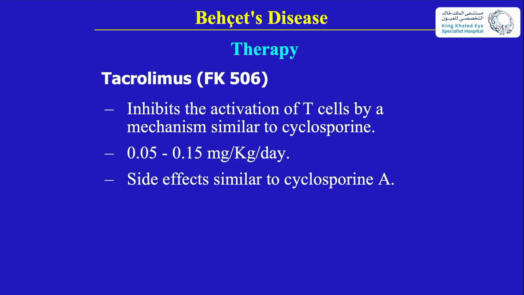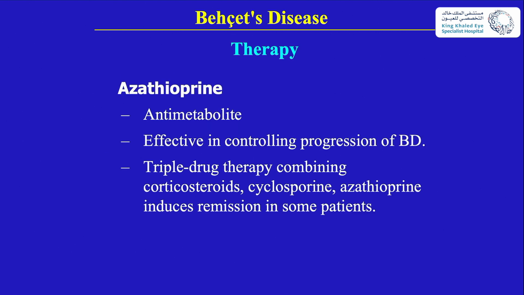Tacrolimus is a drug related to cyclosporin, again, that was used frequently. Imuran is liked very much by rheumatologists. Rheumatologists like Imuran for Behcet disease, but in ophthalmology, we don't use it.